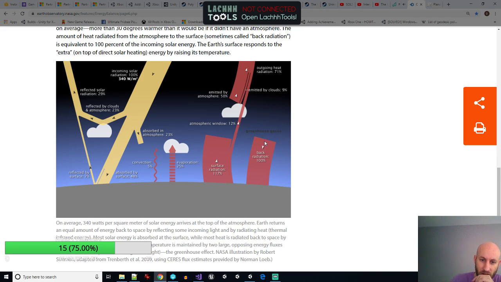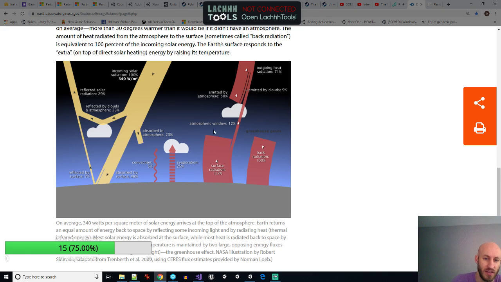But then a lot of this is either absorbed by the air or reflected back, and it unfortunately isn't giving me a good breakdown of how much is absorbed by the atmosphere versus how much hits a cloud and comes back down to the Earth. But when you account for all that stuff, only about 12% of that 117% goes back out through the atmosphere to space.